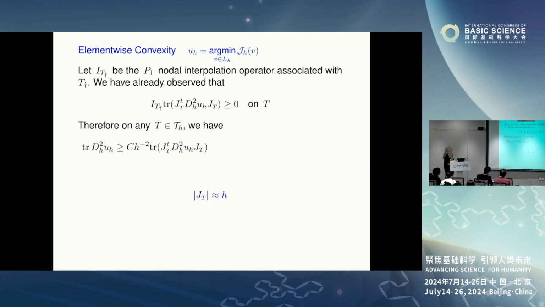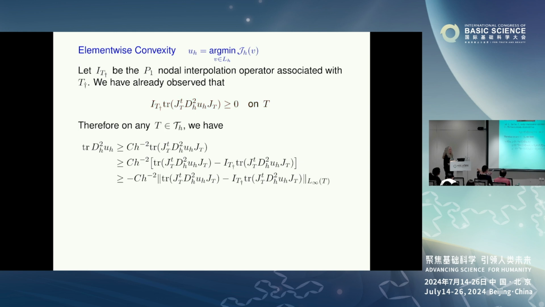On any triangle T, we have this inequality because the norm of the Jacobian matrix is equivalent to H. We then subtract a non-negative term. We can make it more negative by taking the L infinity norm. Then we apply our interpolation error estimate to cancel one of the H's. Then we apply one of our a priori bounds.